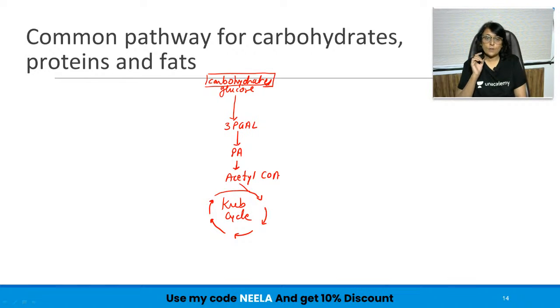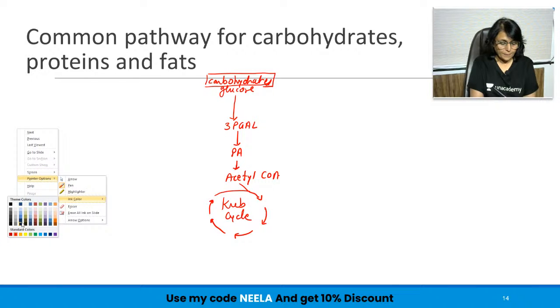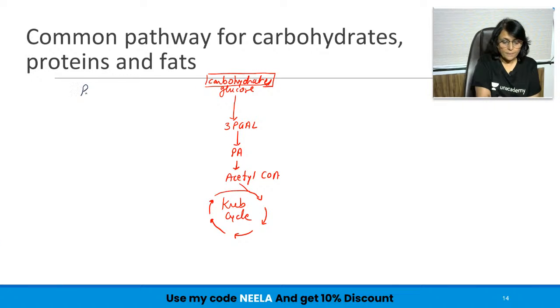Now suppose instead of carbohydrates, proteins are being broken down. Then again we will get energy. But how will we get energy and how much? So let us say here is this protein. These proteins are broken down into amino acids.